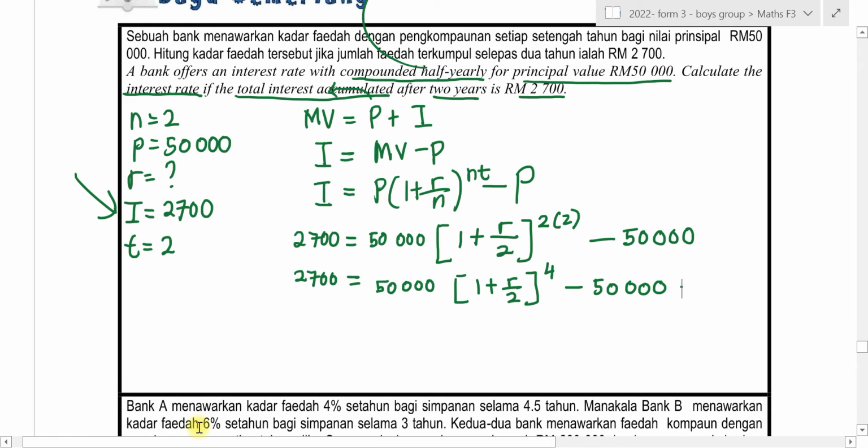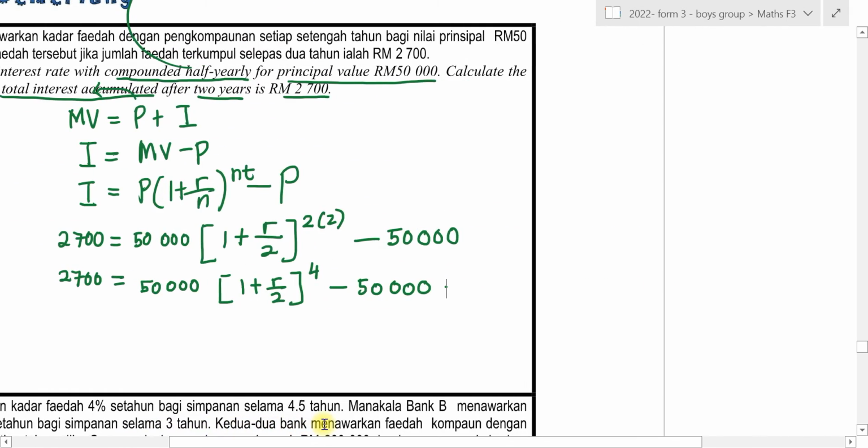Now I want to make use of your Form 2 knowledge. Let's say I have 7p squared minus 7. Can I factorize this? Definitely, because you have common factor 7.